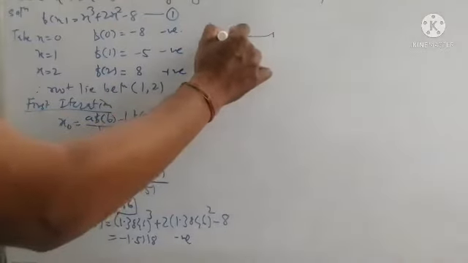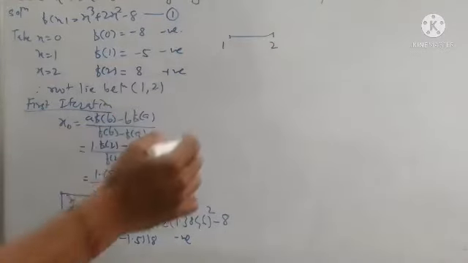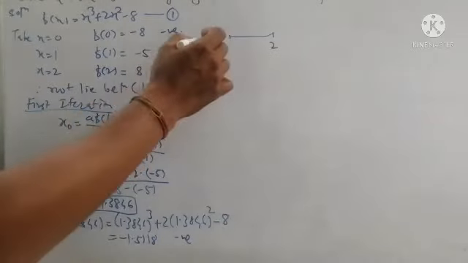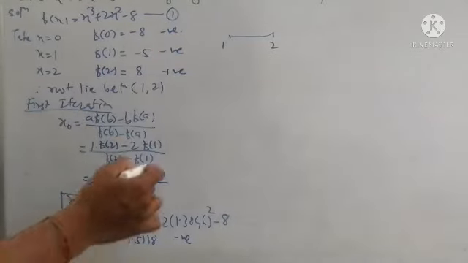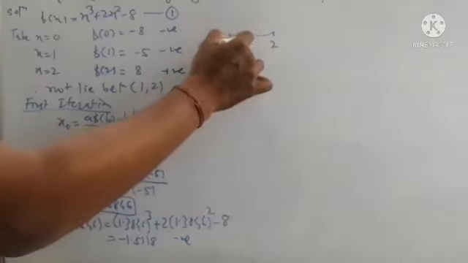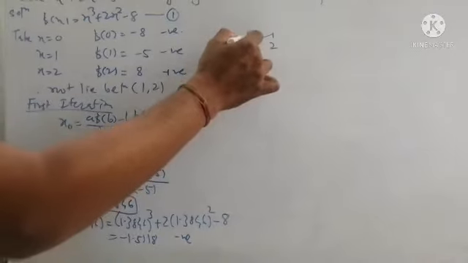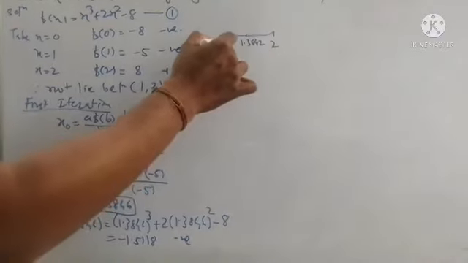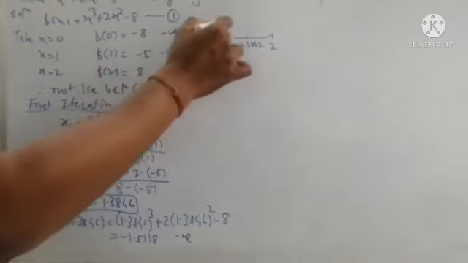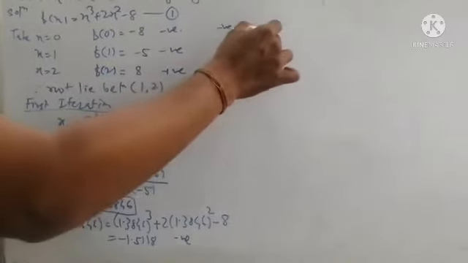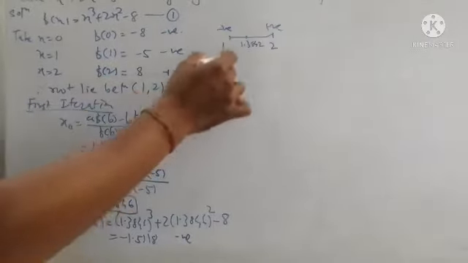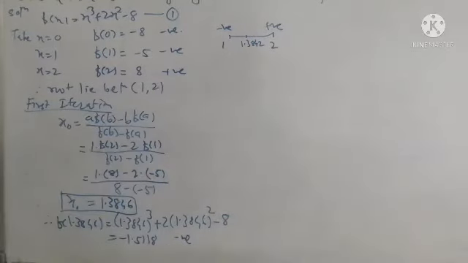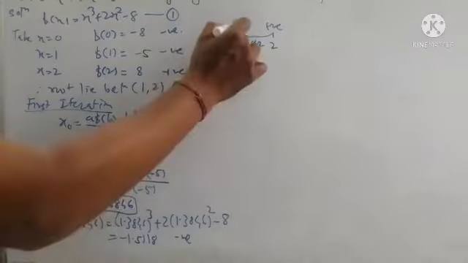So we take 1, 2 as the interval, and by using regula falsi method we found the value 1.3846, which is between 1 and 2. So we take it on this line. Now for 1 the function has a negative sign and 2 has a positive sign, and function at 1.3846 has a value minus 1.5118, that is a negative value.